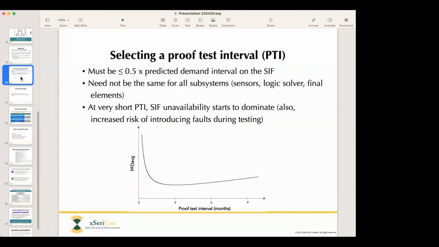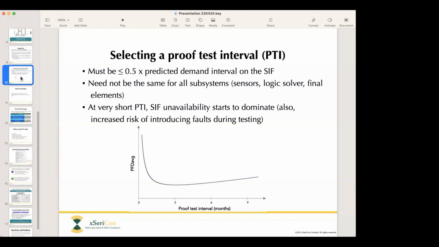If you think about it, 2 hours of unavailability per year is not very much because there are 8,000 something hours in a year. But if you're doing a proof test once a month, then 2 hours per month is suddenly quite a large fraction of the total time in the month. It starts to become something like 0.2% of the time that the function becomes unavailable.